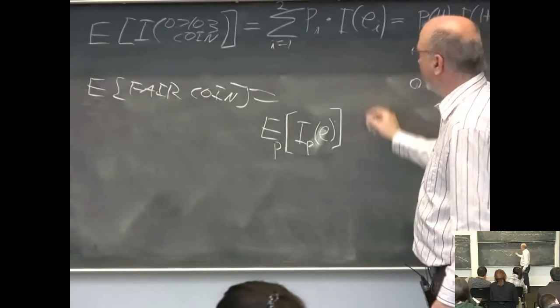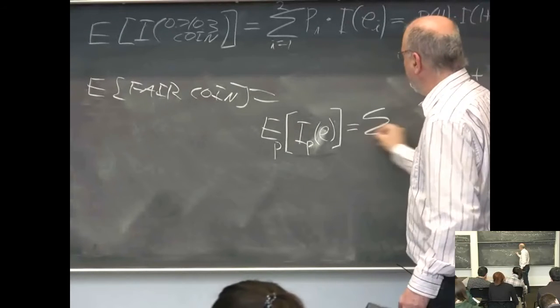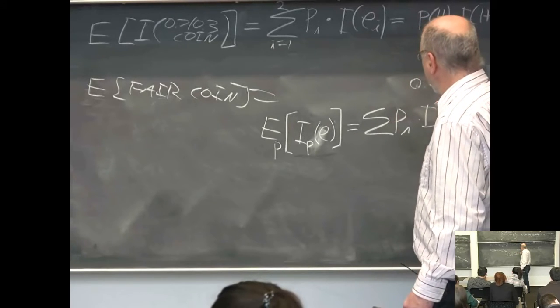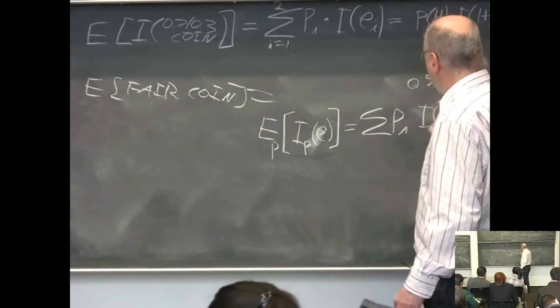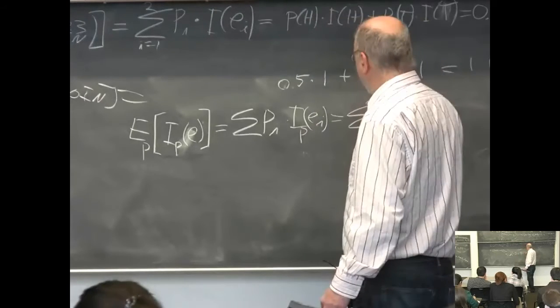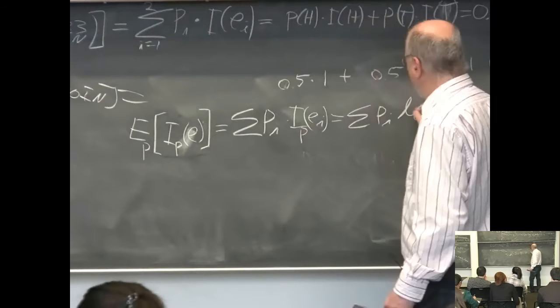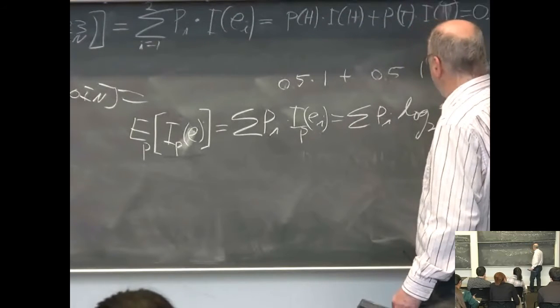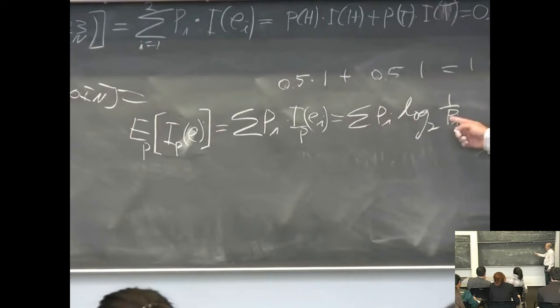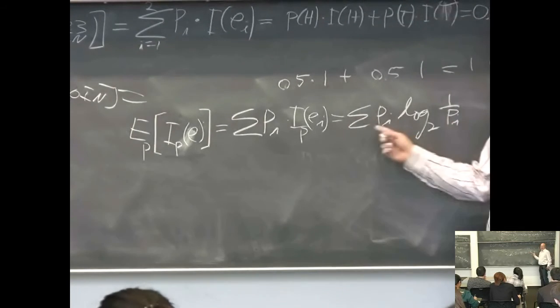This is what I did here, right? This is the sum of Pi times the information of Ei according to the same P, which is the sum of Pi times log base 2 of 1 over Pi. I just want to point out that even though it's the same Pi, they came from different sources.